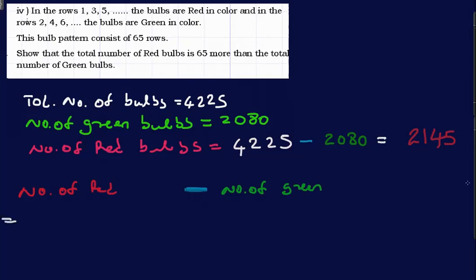The number of red bulbs we found is 2,145, minus the number of green bulbs, 2,080. When we subtract, we get 65. So we have proven that the difference between the number of red bulbs and green bulbs is 65. All right, so that's it with this question.